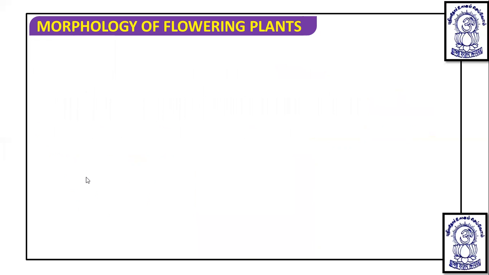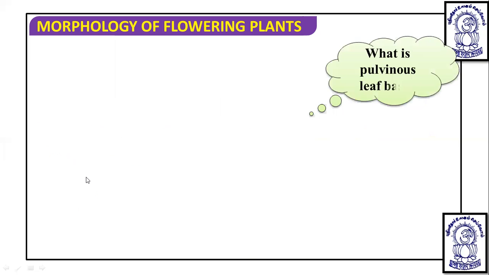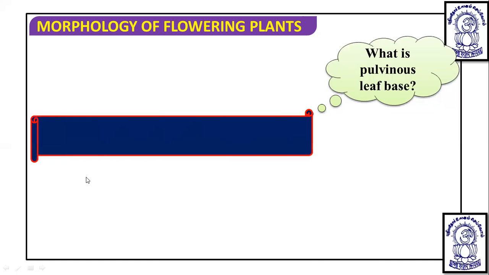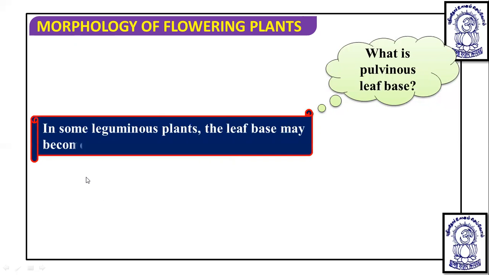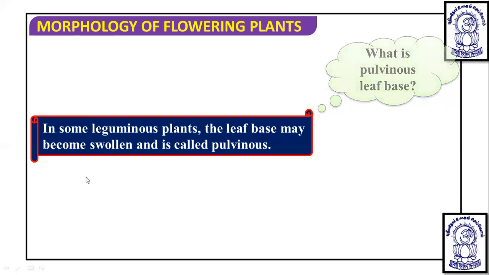Now, what is a pulvinus leaf base? In some leguminous plants, you will see that the leaf base is swollen, and this swollen leaf base is known as the pulvinus. The pulvinus is nothing but a swollen leaf base.